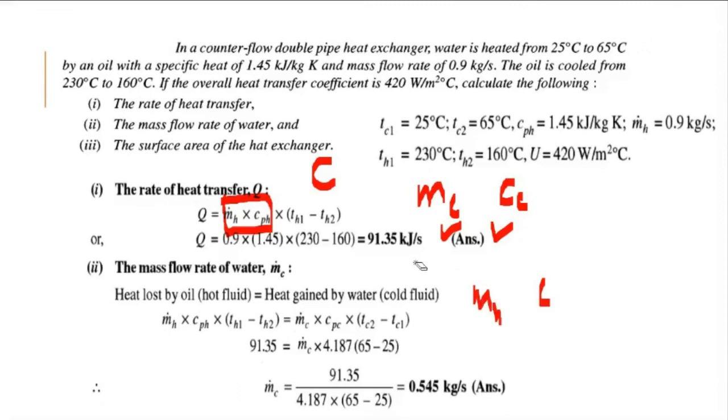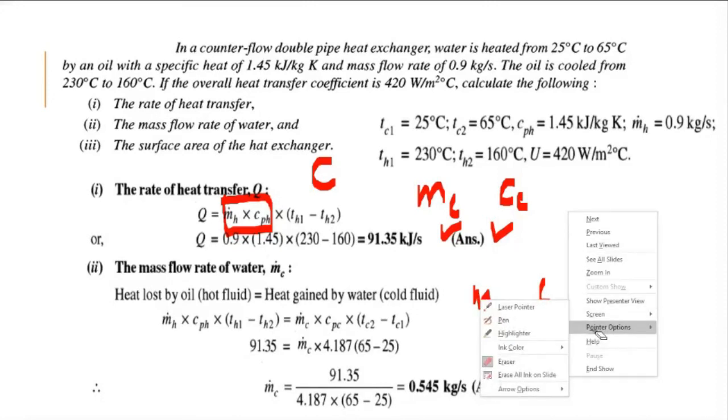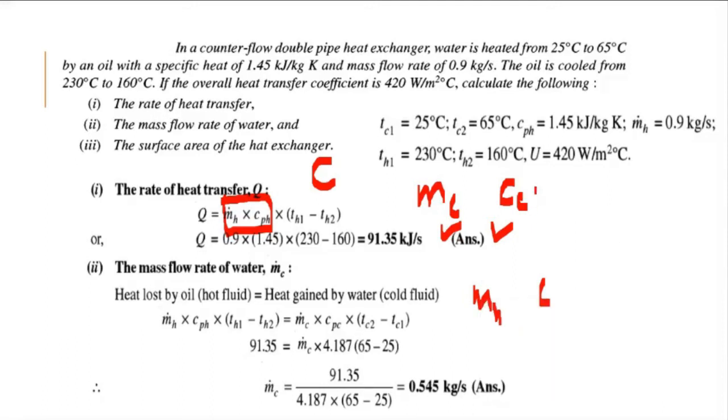Yeah, we can use that. It will be TC2 minus TC1. You can use that formula. You will have to use that only to find out heat transfer because only these values are given, right?